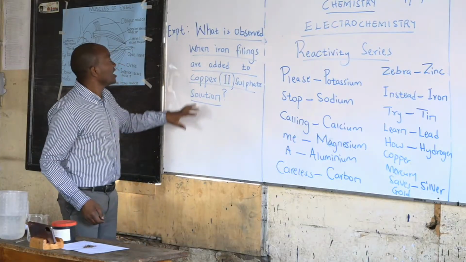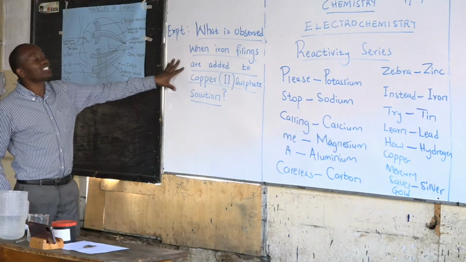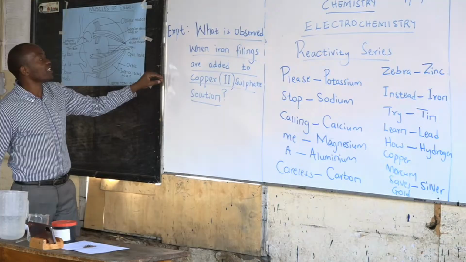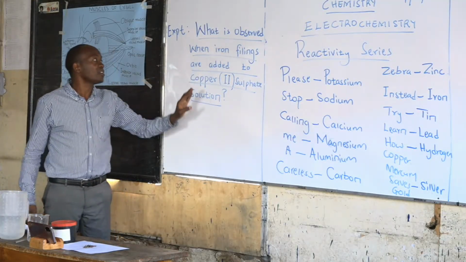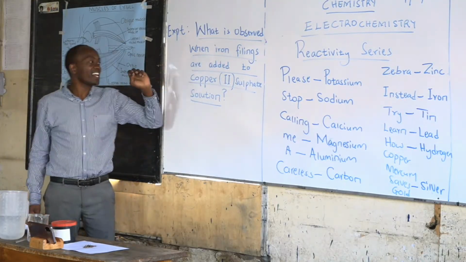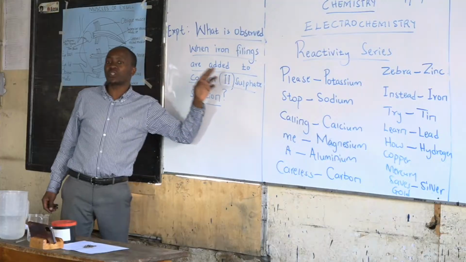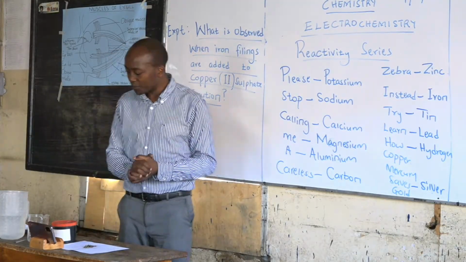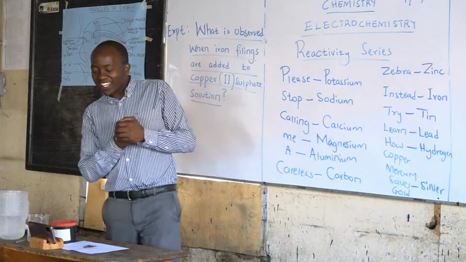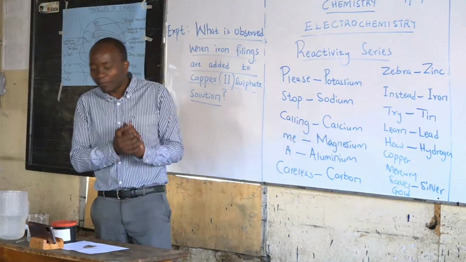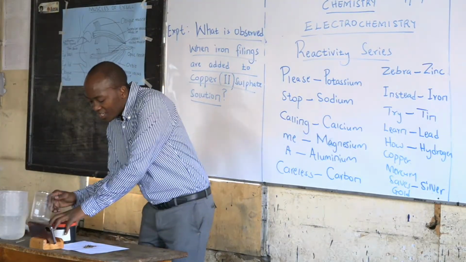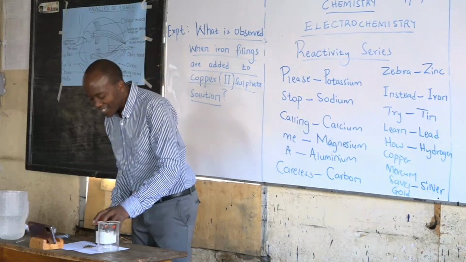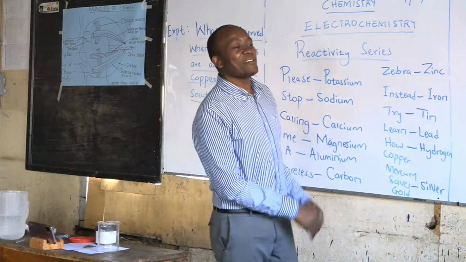Very good. Now, let's get to our experiment. Our experiment for today, we are asking ourselves, what is observed when iron filings are added to copper(II) sulfate solution? Now, I'm going to call one of us, Beatrice, maybe come and help me. We just mix some chemicals here, then we proceed.